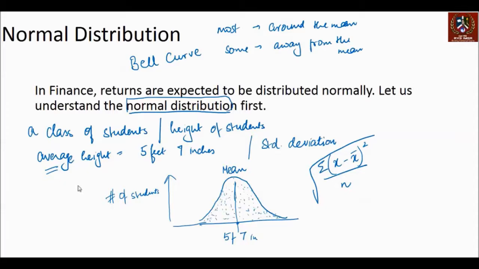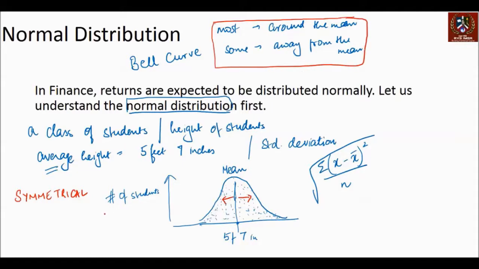The first important part that comes around this curve that you see is that this curve is symmetrical. What do we mean by symmetrical? The number of observations on the left side of the average is almost the same as the number of observations on the right side of the average. So one part that is important is that most of the observations are around the mean and some are away from the mean.